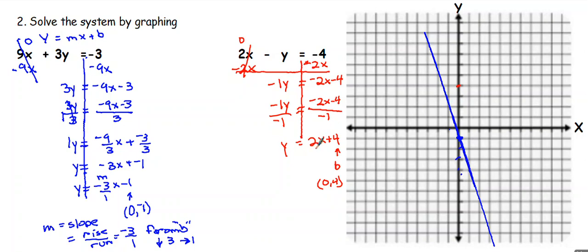Okay, so this is my b. That's my y-intercept. So I'm looking now for 0, 4. Let's find that. 1, 2, 3, 4. So there's my first point. And now I have a slope of 2 over 1. So I'm going to go up 2, 1, 2, and over 1. So there's my second point. Now I can also go down 2 and to the left 1. Oh, look at that.